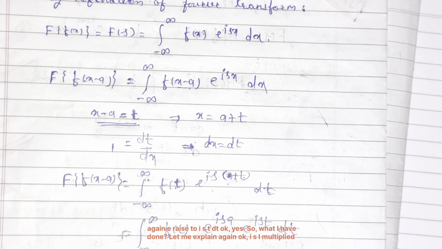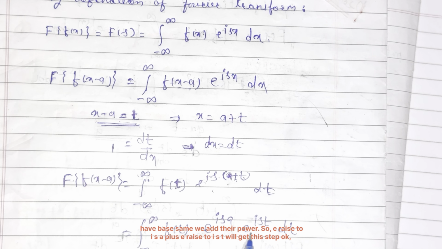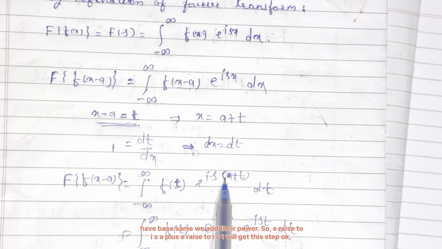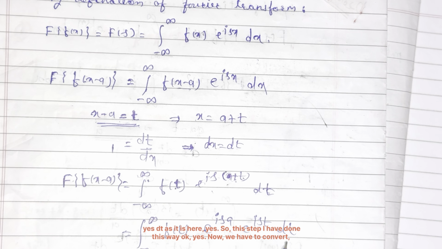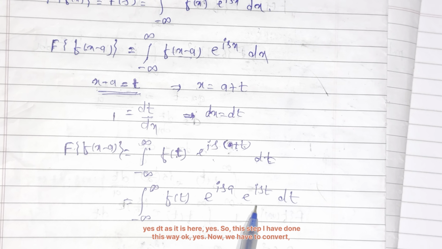Let me explain again. I multiplied i s with a, so i s a is the power, and i s multiplied with t gives i s t. Whenever we have the same base, we add the powers, so e raised to isa plus ist gives this step. dt stays as it is. So I have written this step this way.